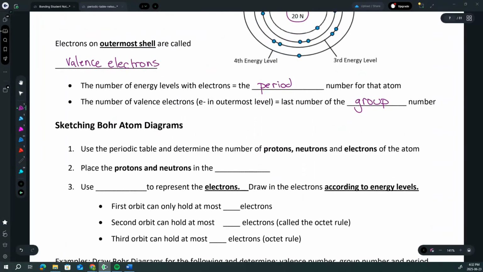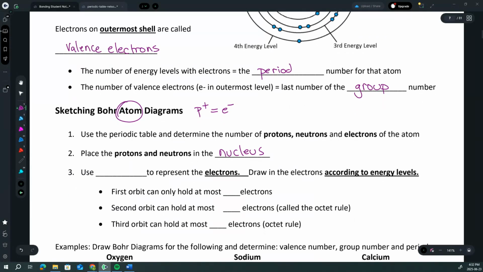Okay, so sketching Bohr atom diagrams. This is specifically talking about atoms, so the amount of protons is going to be exactly the same as the amount of electrons. First, we're going to use a periodic table and determine the number of protons, neutrons, and electrons of the atom. We're going to place the protons and neutrons in the nucleus, and there are 2 ways you can represent electrons.